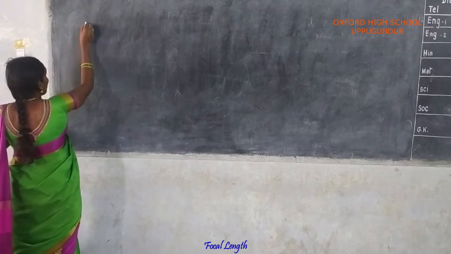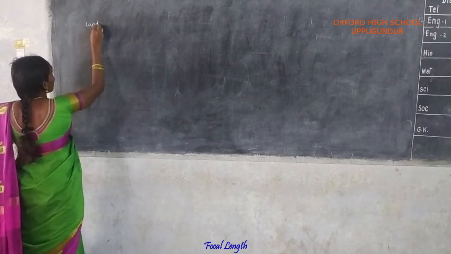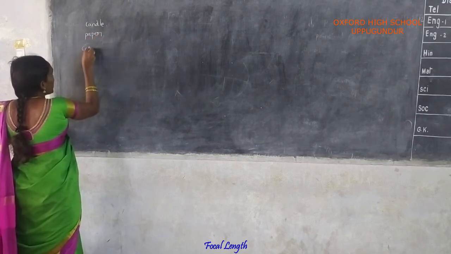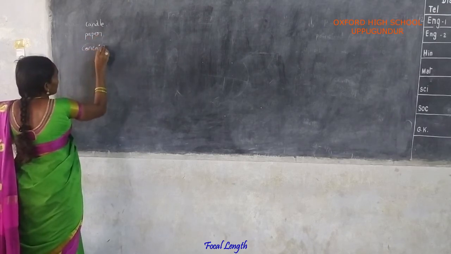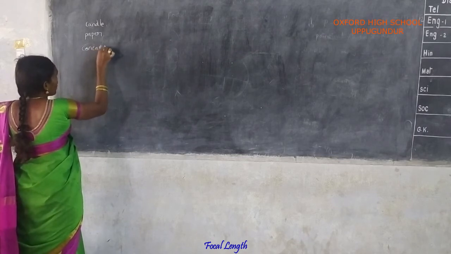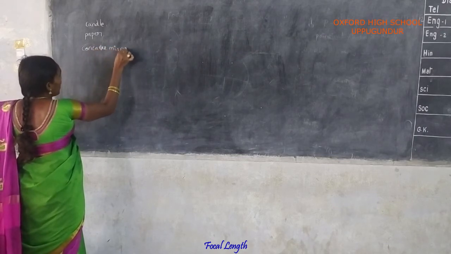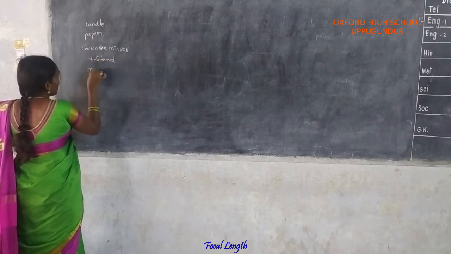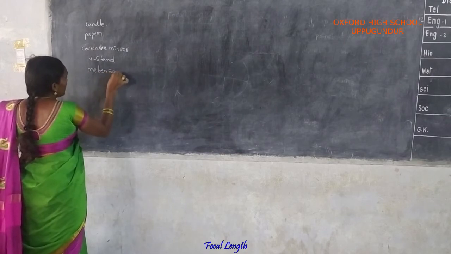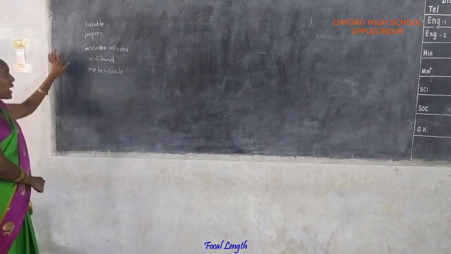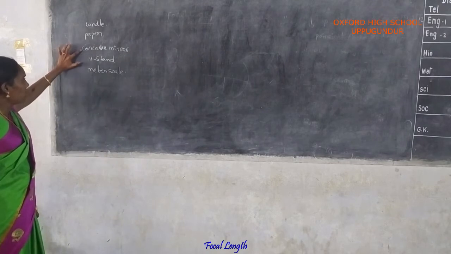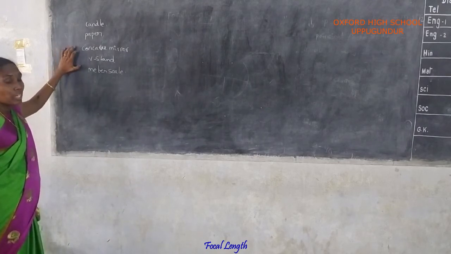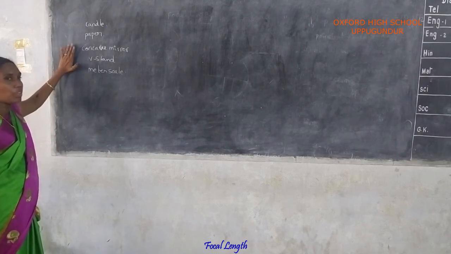See the first one, candle, and next paper, and next one concave mirror, and next one V stand, and next one meter scale. Same: candle, paper, concave mirror, V stand, meter scale. These are the required materials to observe the different types of images.